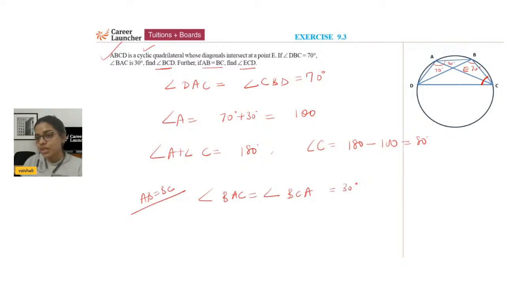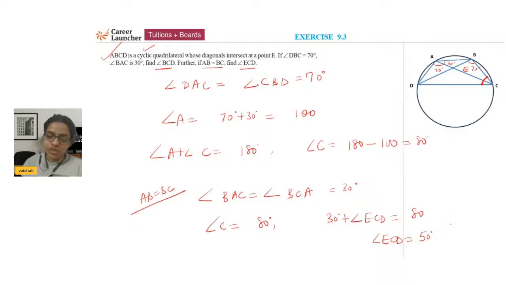When you know your total angle C is equal to 80 degrees, it means 30 plus my angle ECD must be equal to the total 80 degrees, or ECD is equal to 50 degrees. So you have got all the values in this question as well. I hope this question is clear to all of you.